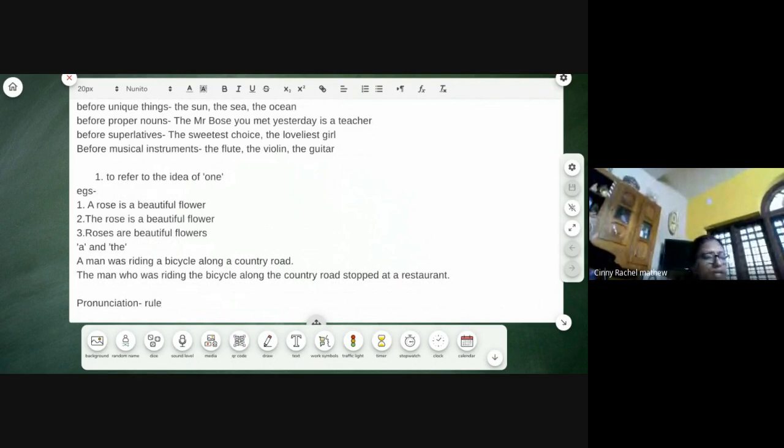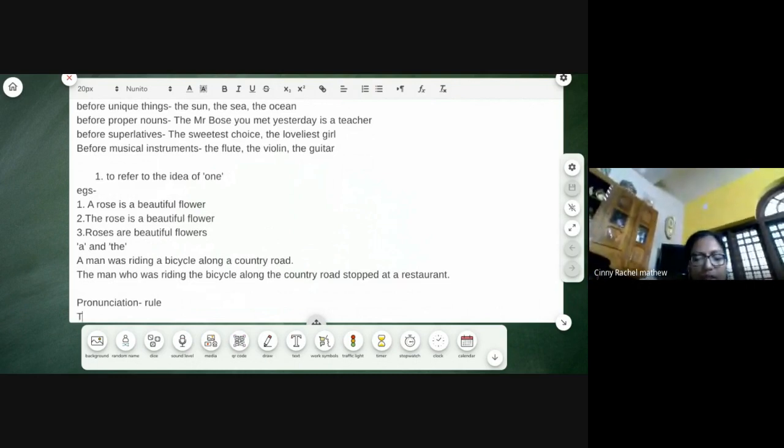Now here, the idea is the definite article the is just one in use, in the sense the is used as the same.